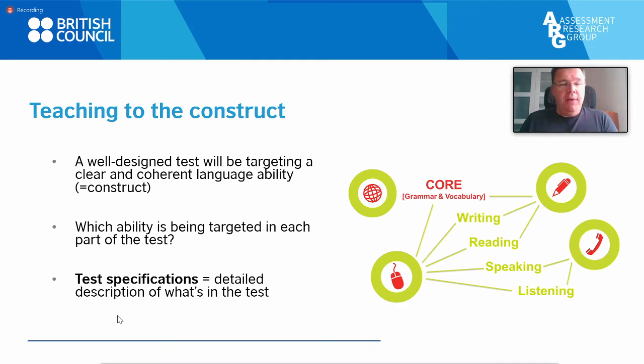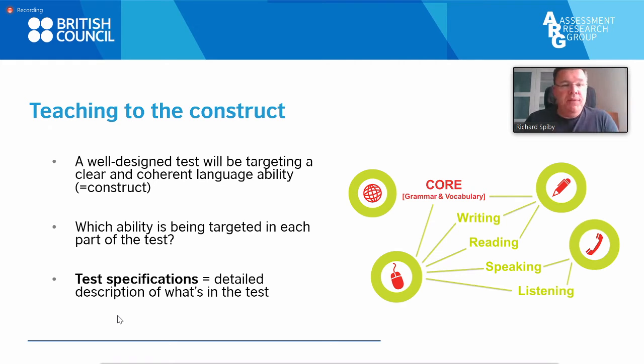So a good test will target very clear skills, a very clear construct. So when we have a test, we should always be thinking what kind of ability is being targeted specifically, not just speaking in general or listening in general, but what kind of speaking, what kind of listening, what kind of functional language will we need to perform that speaking test, for example.